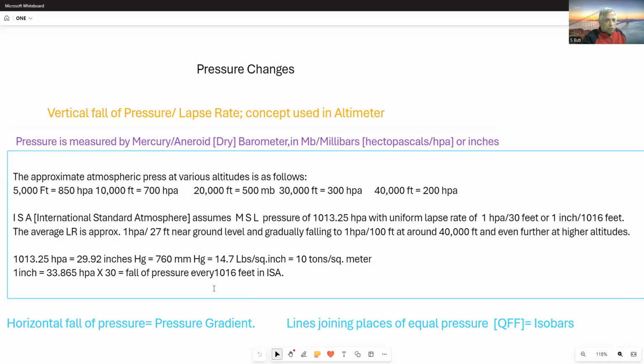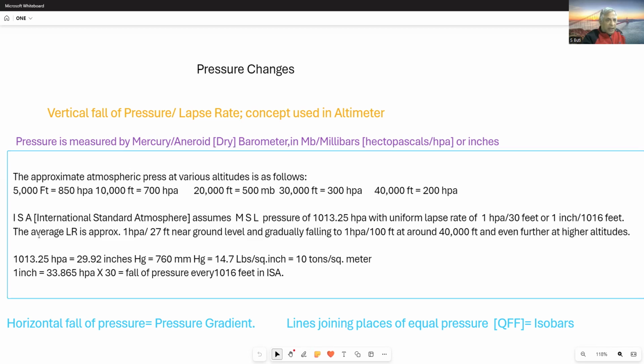The average standard mean sea level pressure was recorded as 1013.25, known as ISA pressure. The equivalent values are 29.92 inches of mercury, 760 millimeters of mercury, 14.7 pounds per square inch, or 10 tons per square meter.